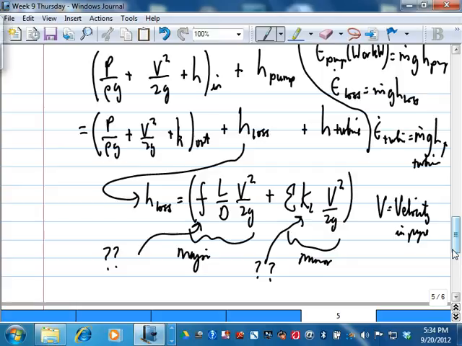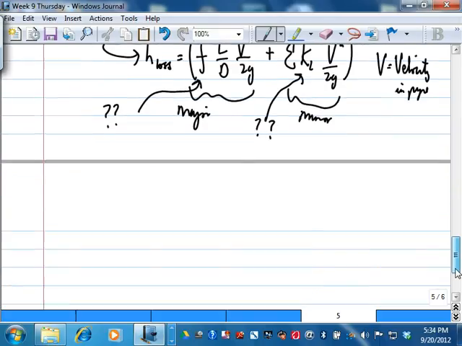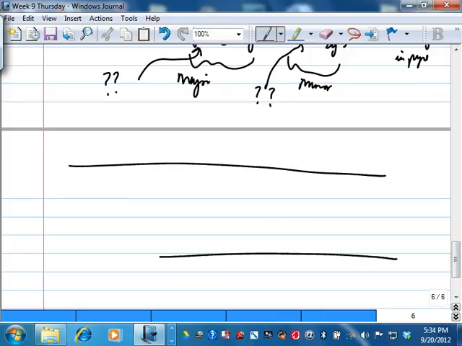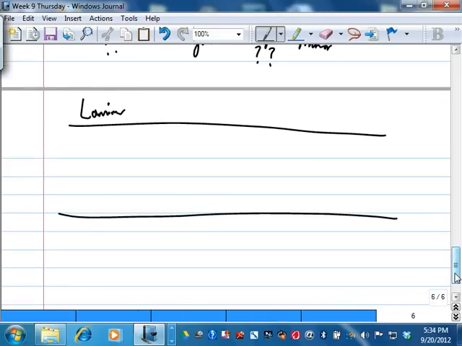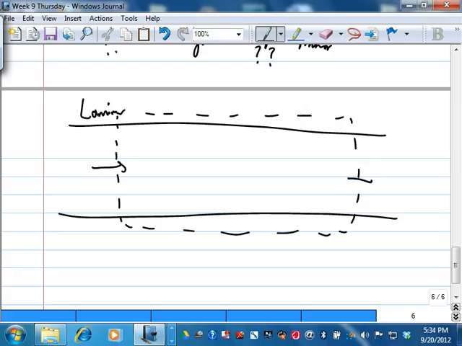So now let's consider a straight length of pipe. Again, this is for laminar. We apply this equation here, going in here, coming out. So for a straight length of pipe, deep inside the pipe, not near the entry, we'll talk about entry length later.